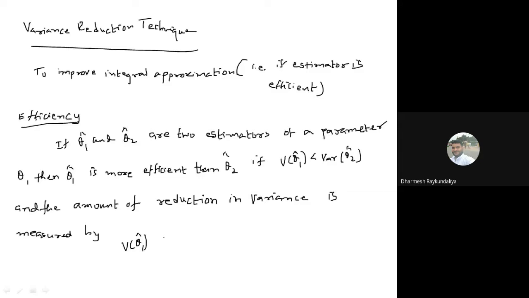Theta 1 and theta 2 are the two estimators of parameter theta. Subtract the variance of theta 2 cap from variance of theta 1 cap and divide by variance of theta 1 cap. So this is nothing but the amount of reduction. But you have to see which one is efficient, the one whose variance is less. These are small things that may be asked in MCQ and viva.